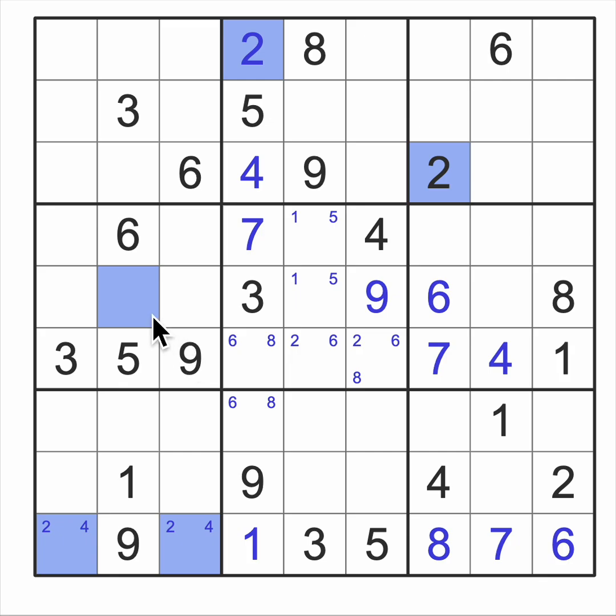So 2 comes in here. And now this 2 blocks this cell. This 2 blocks here. This 2 blocks here. Gives me 2 here.